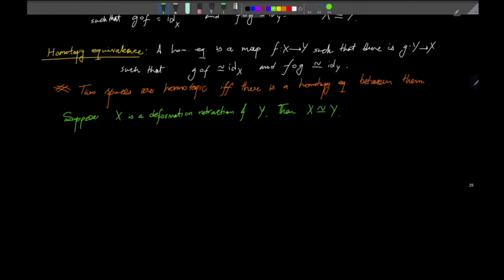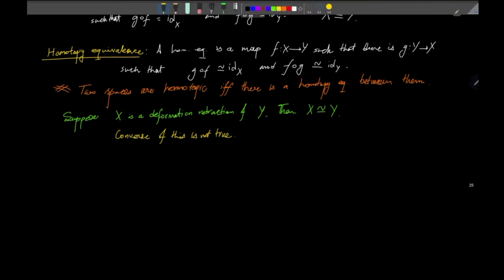It is really key to not mix up the direction of the statement, because if X is a deformation retract of Y, then X is homotopic to Y. But it is not true, quite trivially, that two spaces which are homotopic are deformation retracts of each other or anything remotely like that. So for a simple counterexample, the converse of this statement is not true.